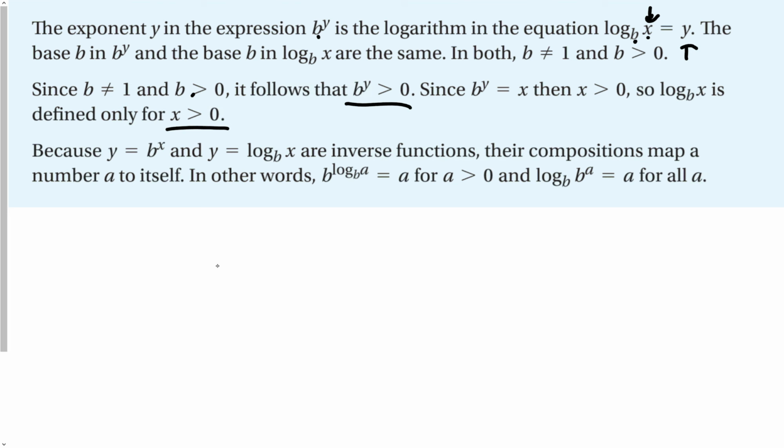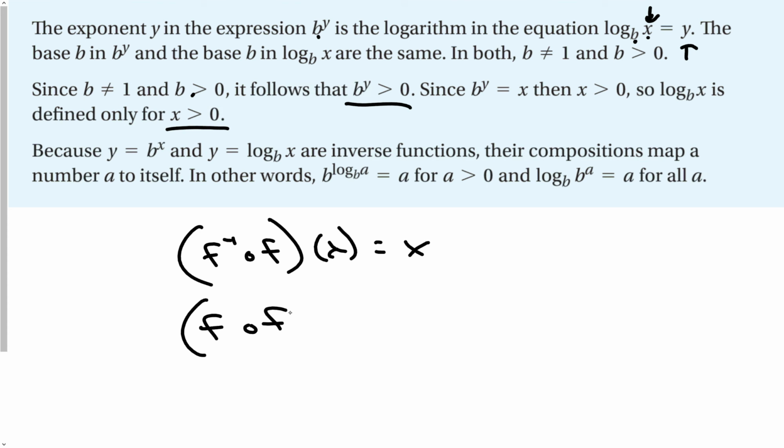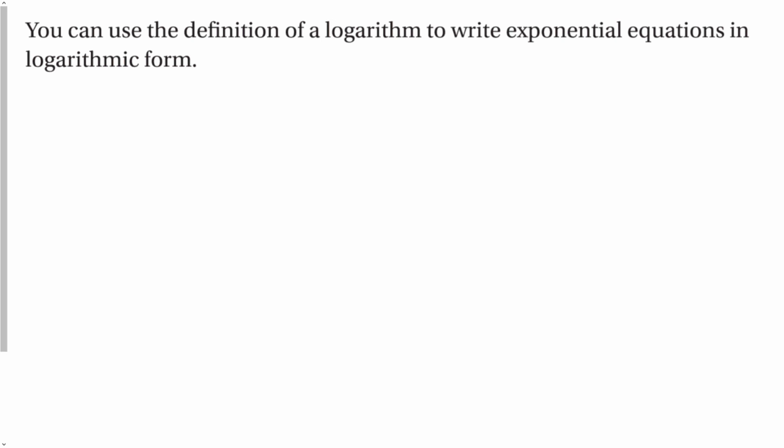Basically, we are saying that the inverse of the original function of x is equal to x, and the function of the inverse function of x is equal to x. So if you put something into the original function, and you take that answer and plug it into the inverse, you go back to where you started. That's kind of the definition of inverses, undoing the other expression. Okay?